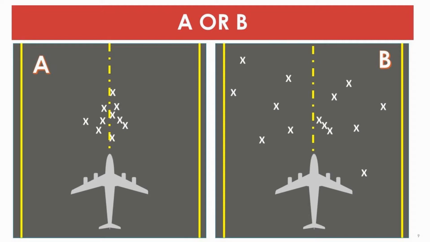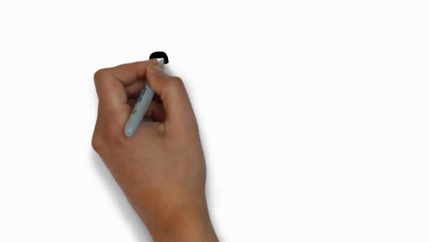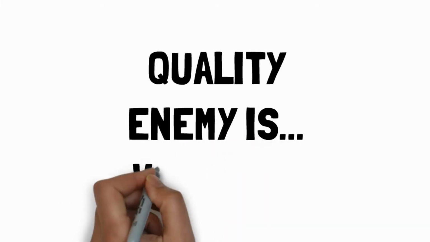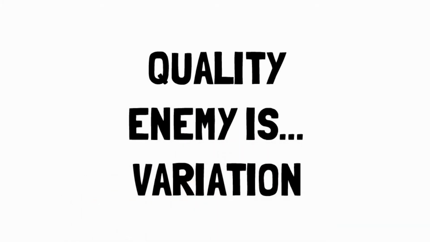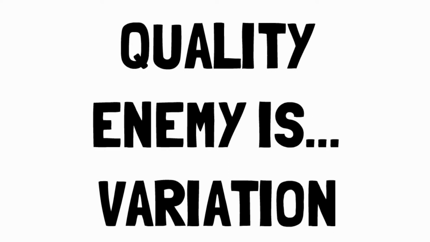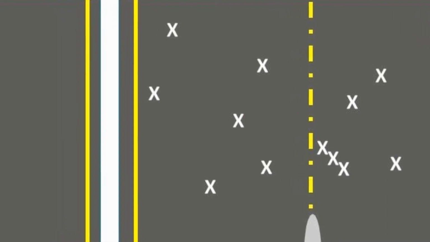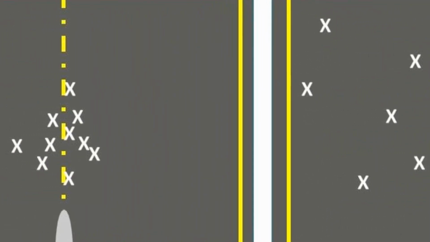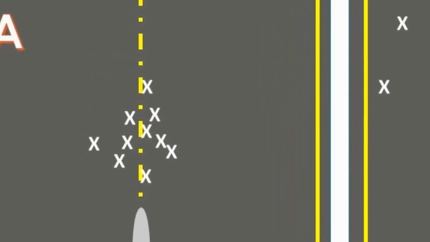Because this guy has less variation, and as much as we can reduce variation, we are going to have a more reliable process. So we need to reduce the variation as much as possible to be able to absorb any other changes that the process may face.